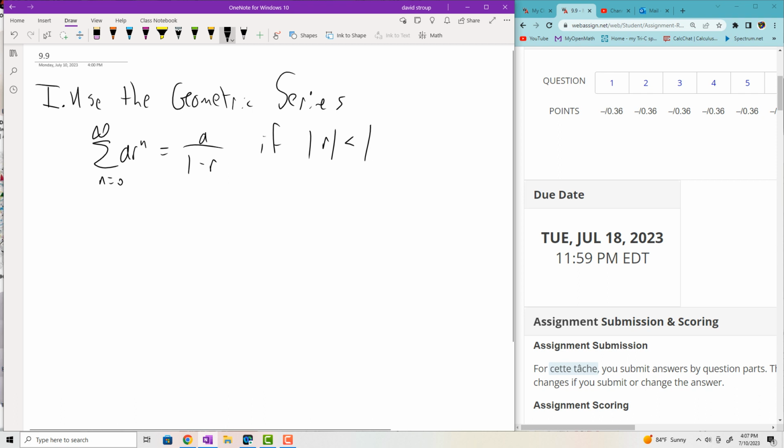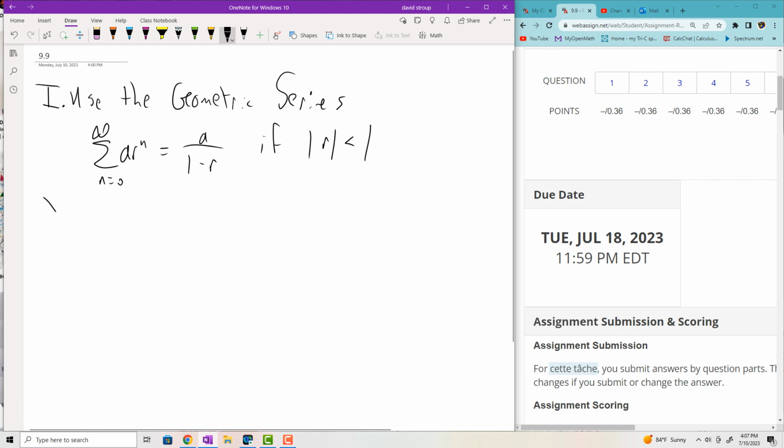You're not going to have to check endpoints. The original proof for the geometric series takes care of that issue. It'll be divergent at the endpoints, so you need not worry about using the ratio test. That won't come into play here.